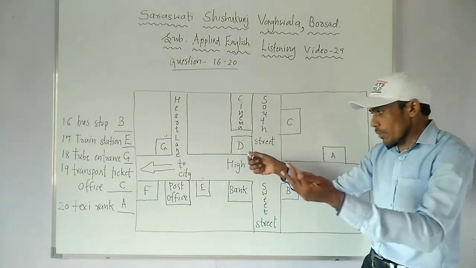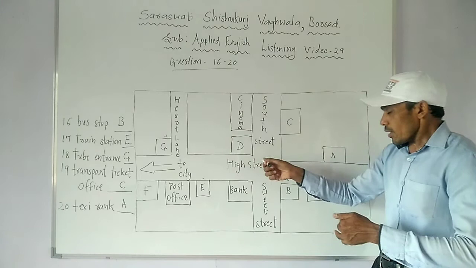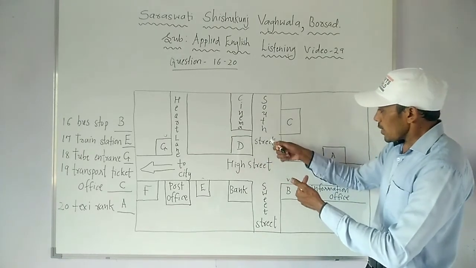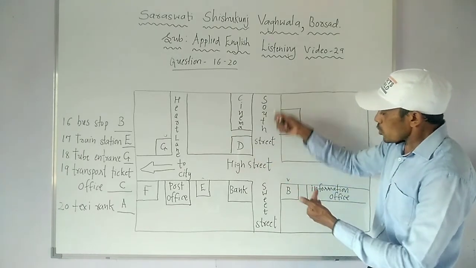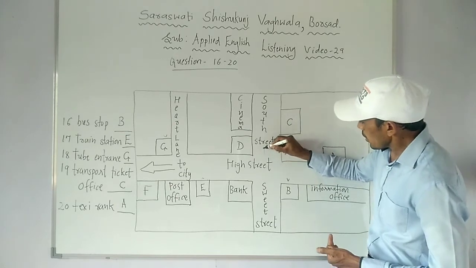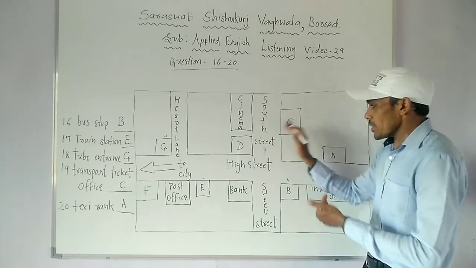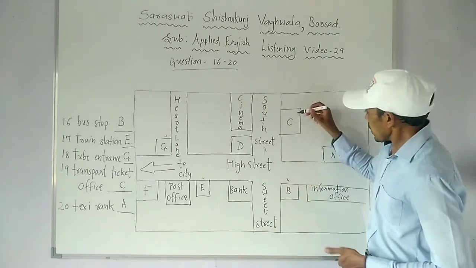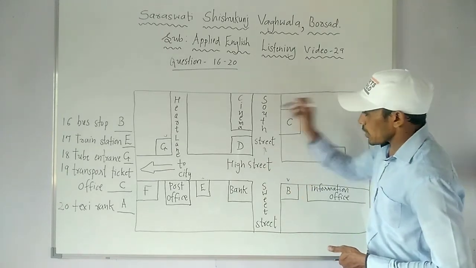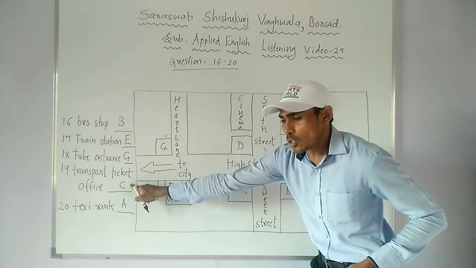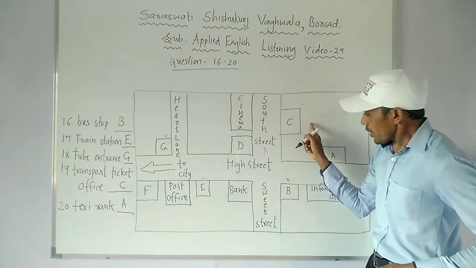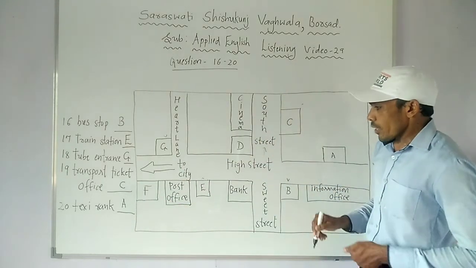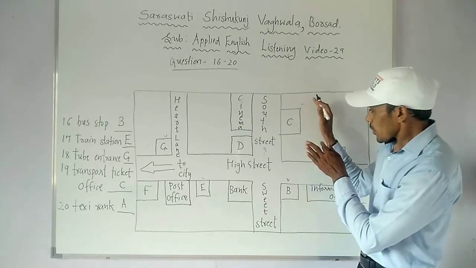Go out of High Street means go backward, and on your right, go to South Street. Now here it is, South Street. On your right, that means here, you will find a transport ticket office. So here it is, the transport ticket. Hence I have written the transport ticket office. It is here, on South Street. Okay, now there you can book a ticket.